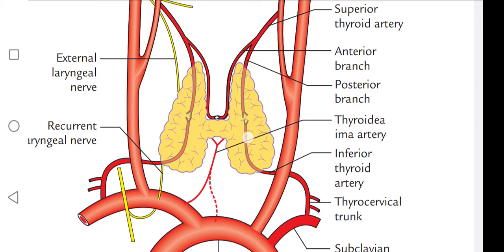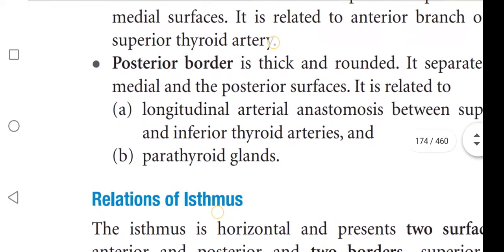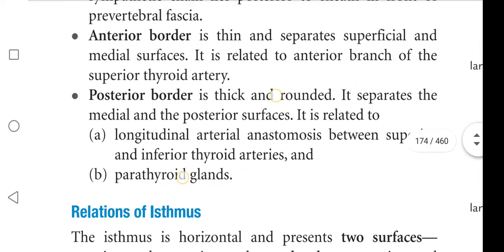Okay, you may observe here, this is the anastomosis of the superior thyroid artery and inferior thyroid artery. The posterior surface contains the parathyroid glands, and the posterior border is related to the parathyroid glands.